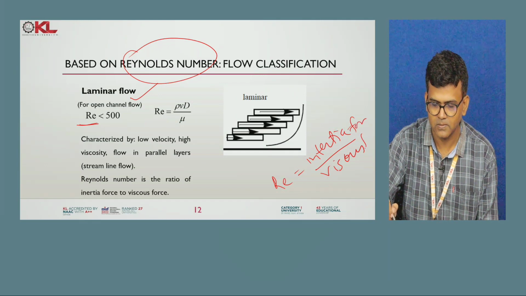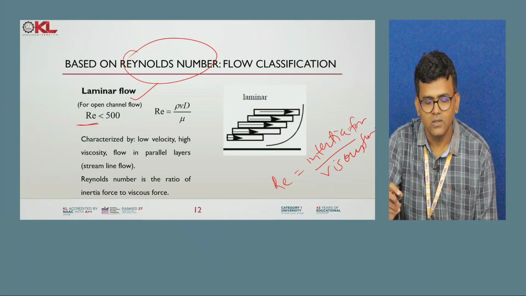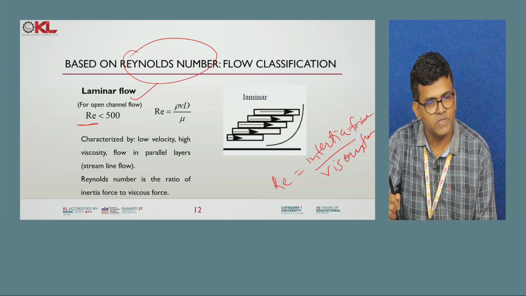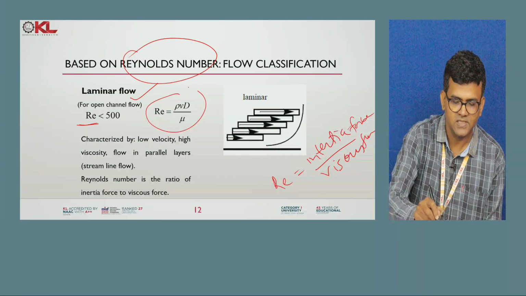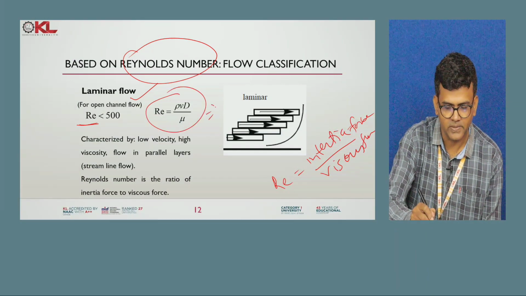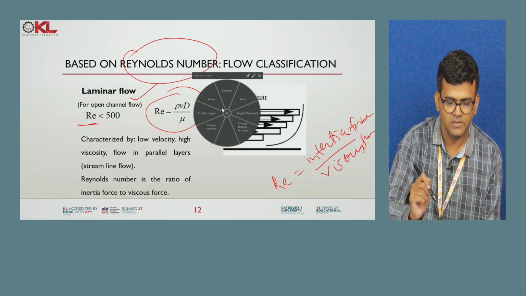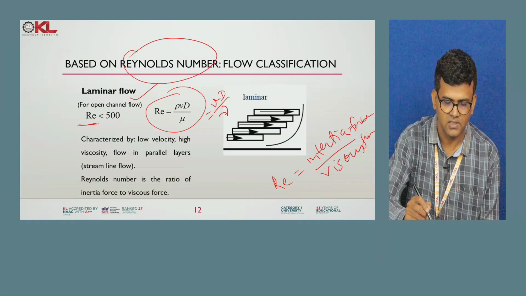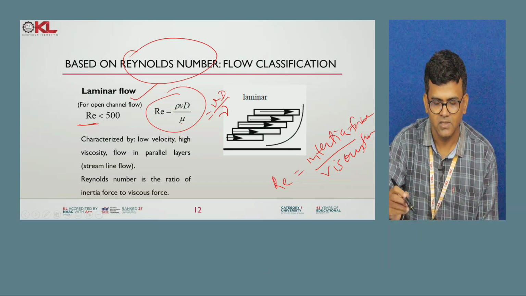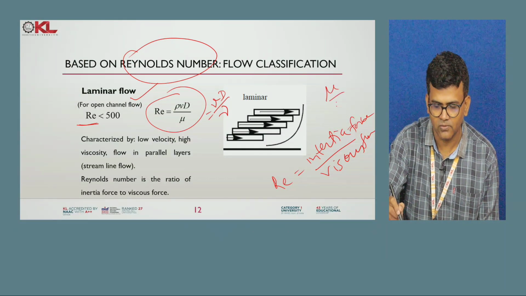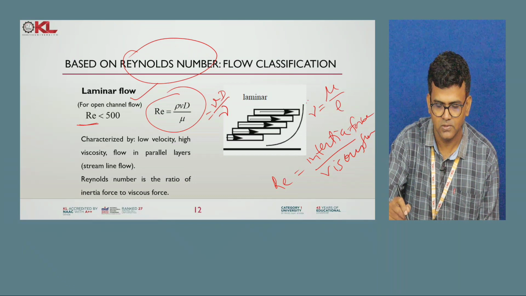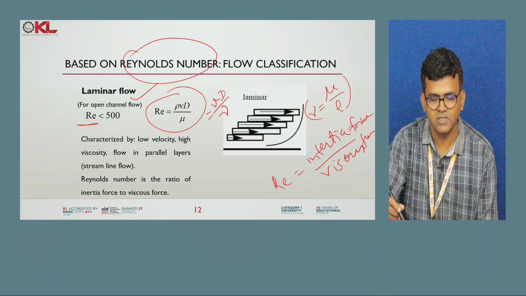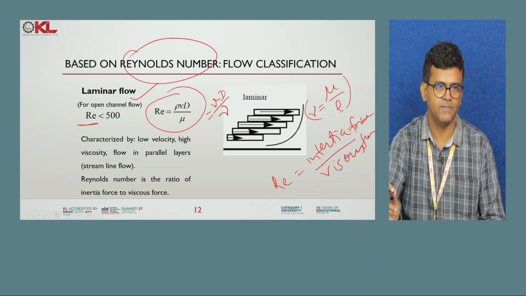So the ratio of inertia force to viscous force can be written as rho Vd upon mu or Vd upon nu. Nu is the kinematic viscosity, while mu is the dynamic viscosity. The relation mu upon rho is called nu, that is kinematic viscosity equal to dynamic viscosity upon density.